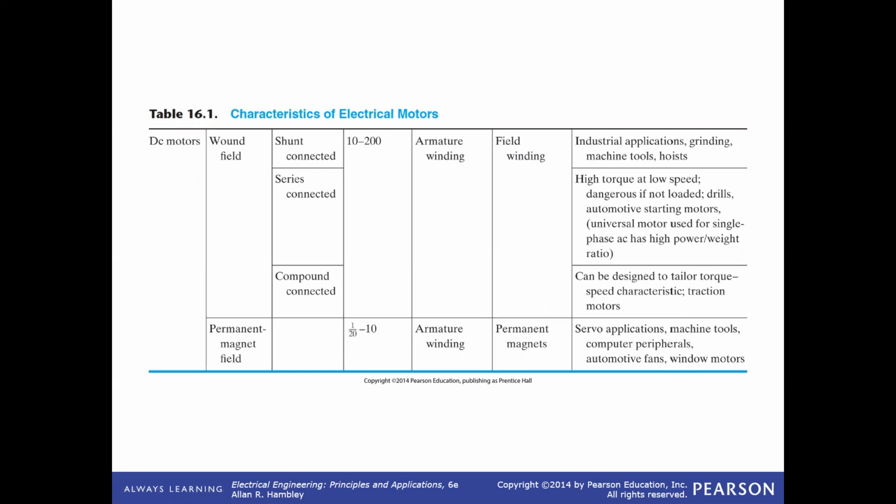For DC motors, we have shunt connected, series connected, and so on. And we also have the permanent magnet DC motor, which is used for servo applications, machine tools, computer peripherals, automotive fans, window motors, and so on. But this one will not be covered in our syllabus.